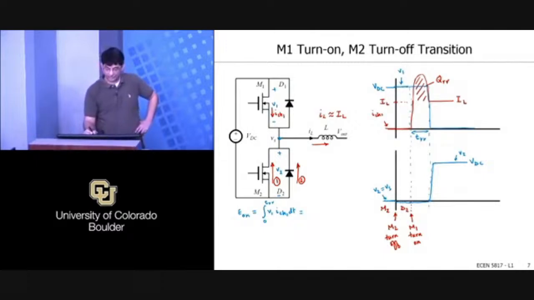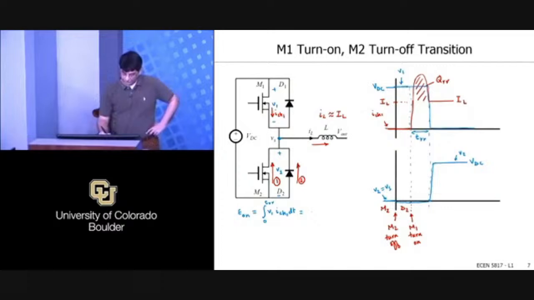One is basically you have a current of roughly IL times this voltage VDC, right? So my first thing is just going to be VDC times IL times TRR.